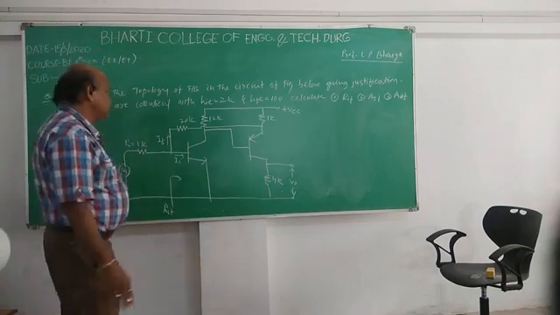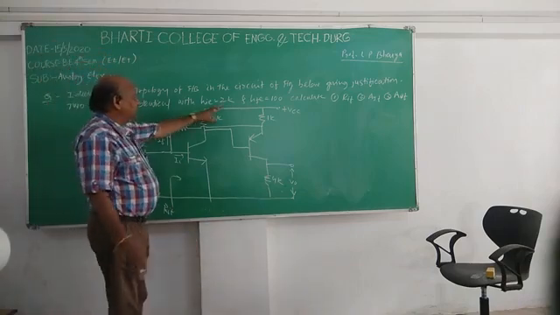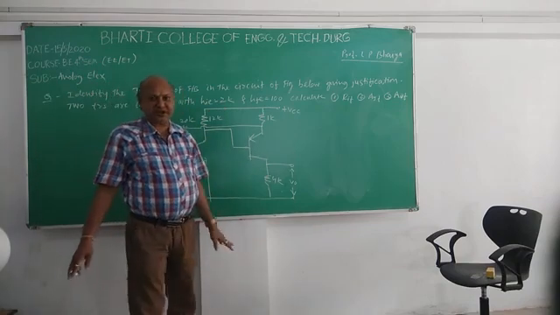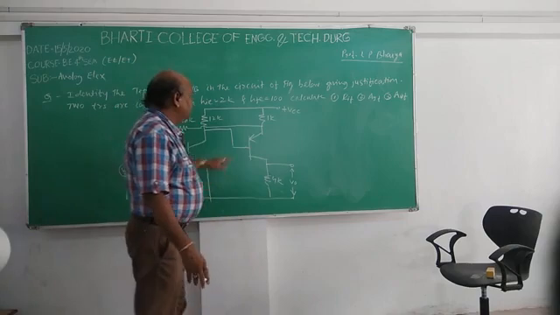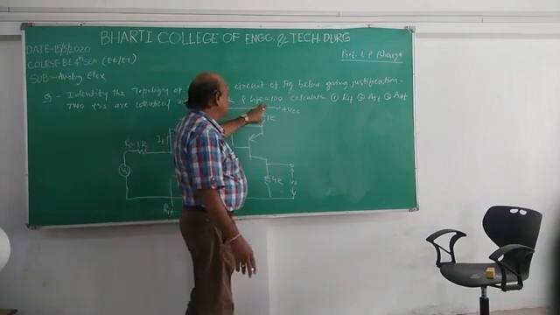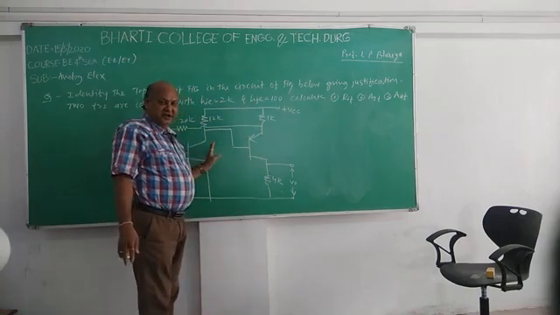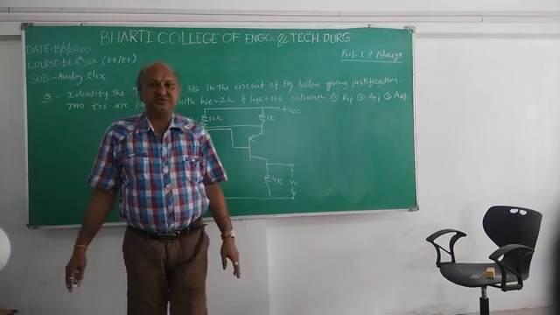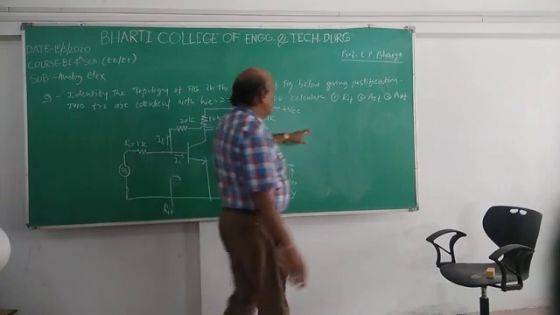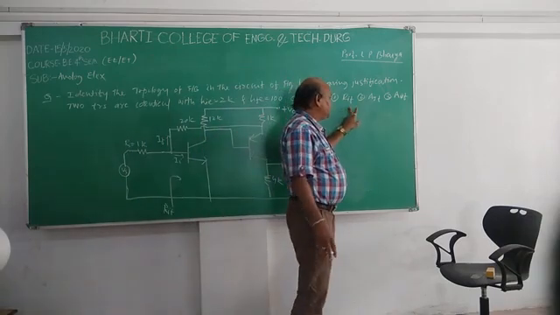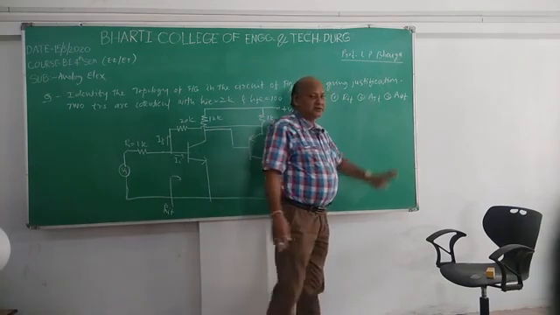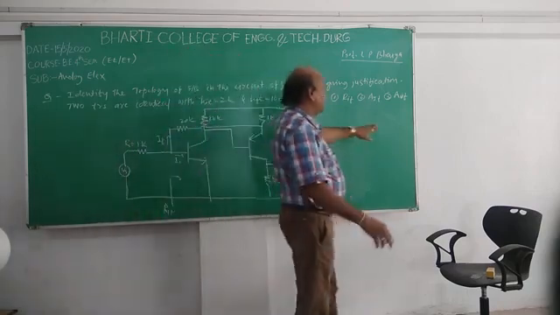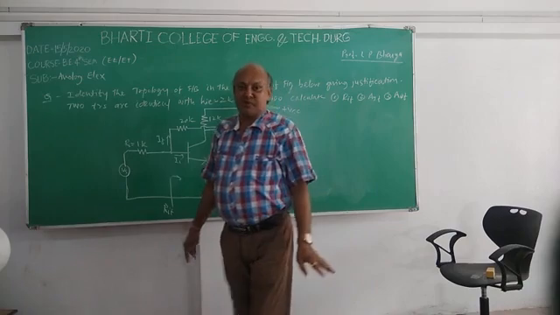With hie equal to 2k, that means hie of this transistor and hie of this transistor is the same, and hfe is equal to 100, the forward current gain, is the same for both. Calculate Rif, input impedance with feedback, Aif, current gain with feedback, and Avf, voltage gain with feedback. That you have to do.